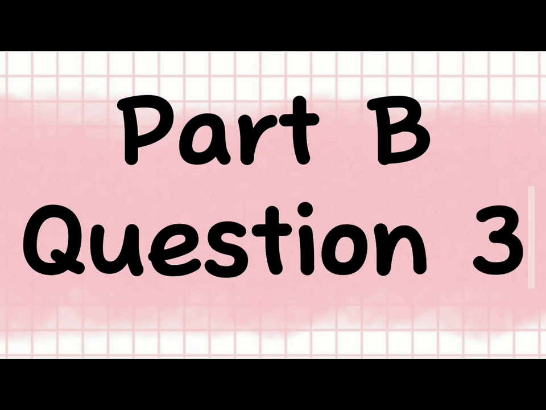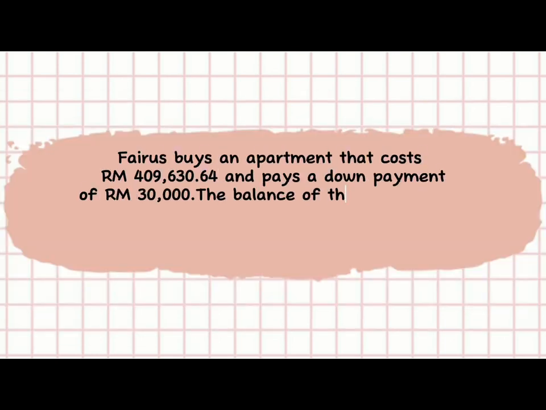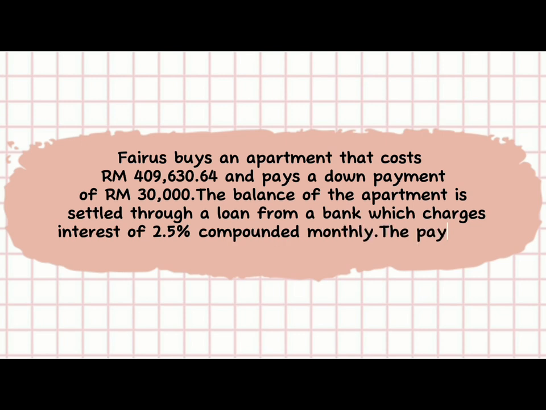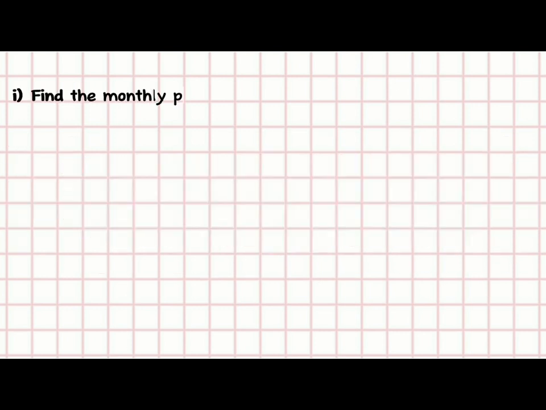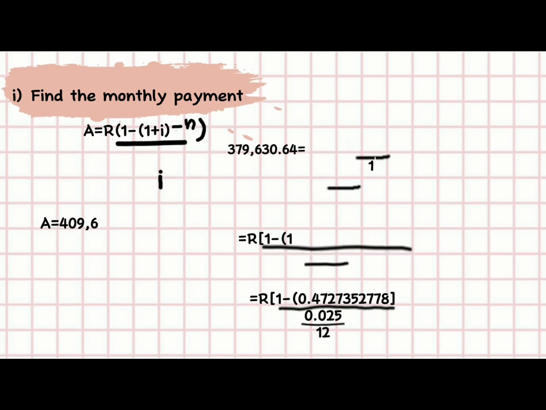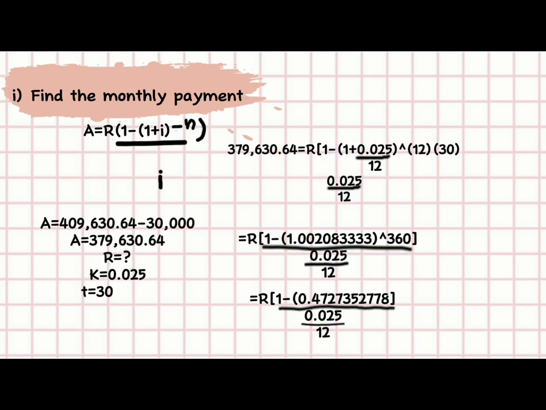Part B, question 3. Faris buys an apartment that costs RM409,630.64 and pays a down payment of RM30,000. The balance of the apartment is settled through a loan from a bank which charges interest of 2.5% compounded monthly. The repayment of the loan is made through monthly payments for 30 years. 1. Find the monthly payment. As you can see, the question has A, R, K, and T as the information.